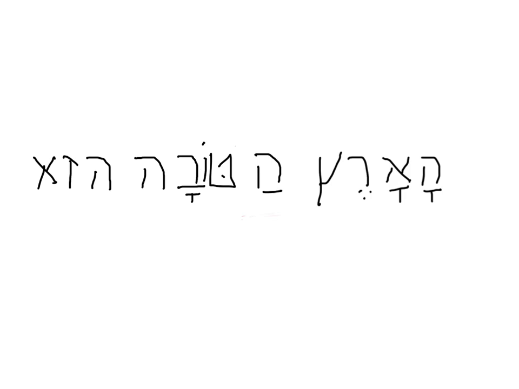Now, what if we also want to add an adjective? Well, that's no problem. First, we add the adjective, and then if we also wish to use the demonstrative, we can do that as well. So notice what we have then is the land, the good one, this one.